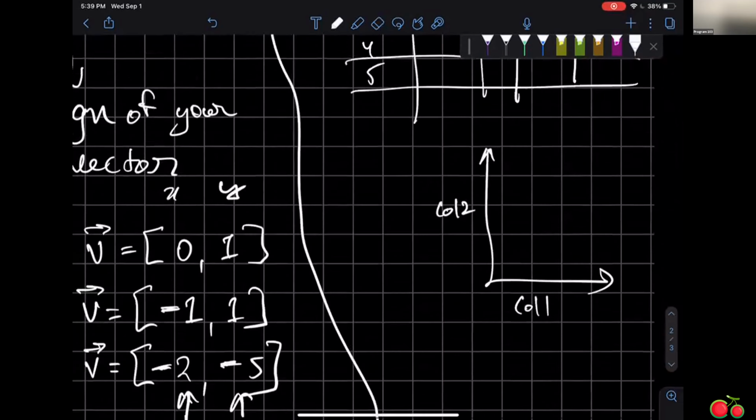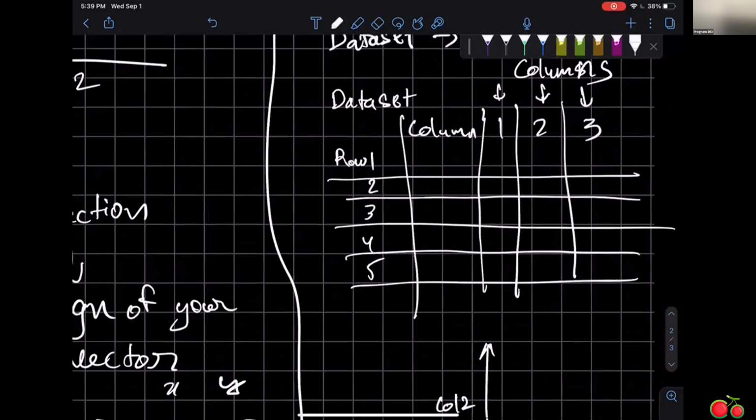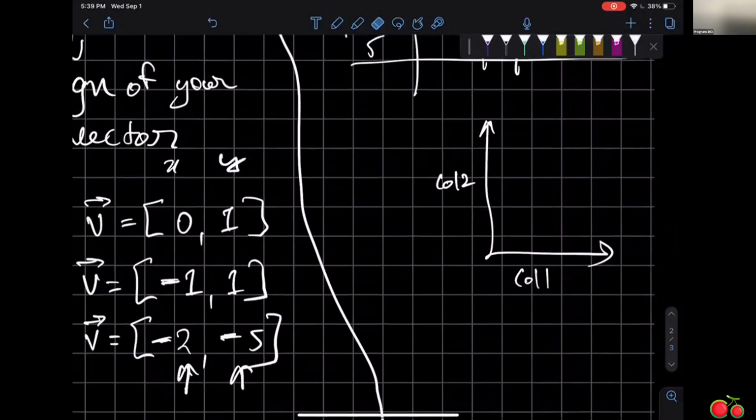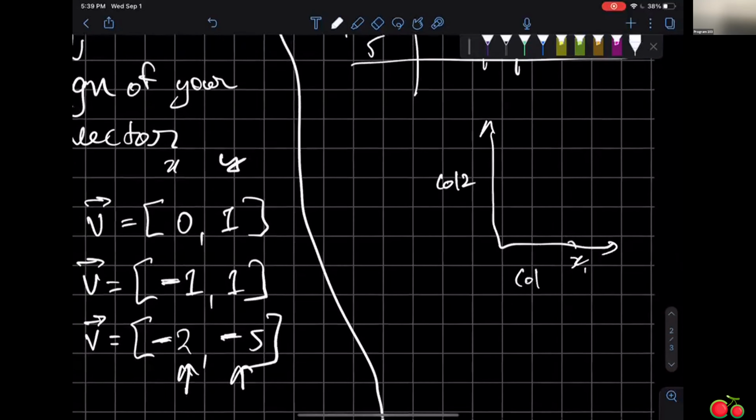So for both column 1 and 2, I'll have some x1, y1, x2, y2, x3, y3. So this is going to be my 1 point.